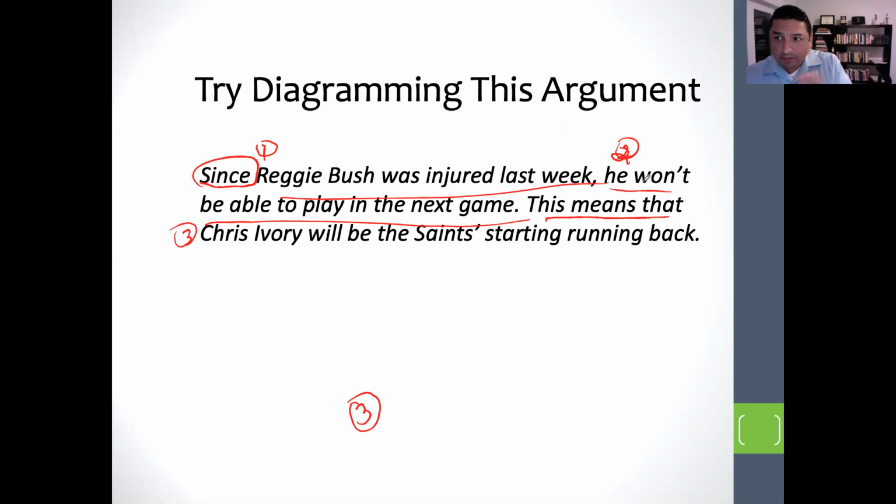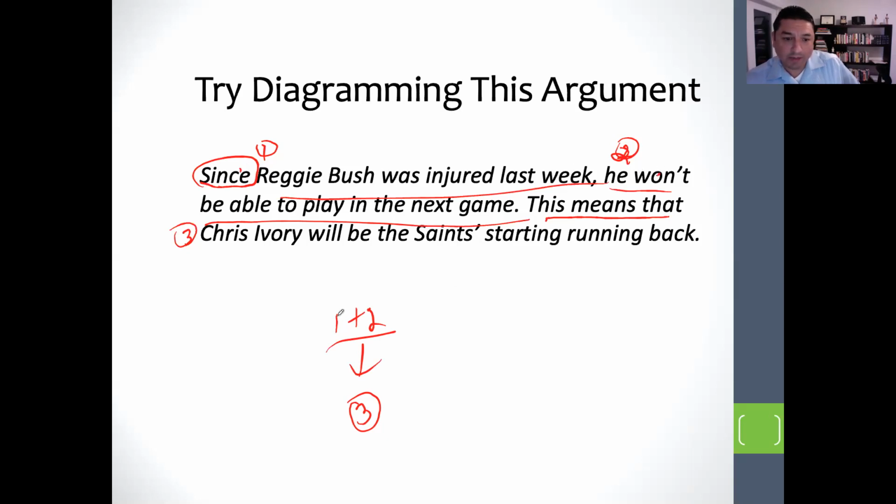And then what you want to do is look. You had to make a choice here. You might think, well, why don't we do it this way? 1 plus 2 leads to 3. The problem with that is that you have a conclusion indicator saying this is a premise and this is a conclusion.